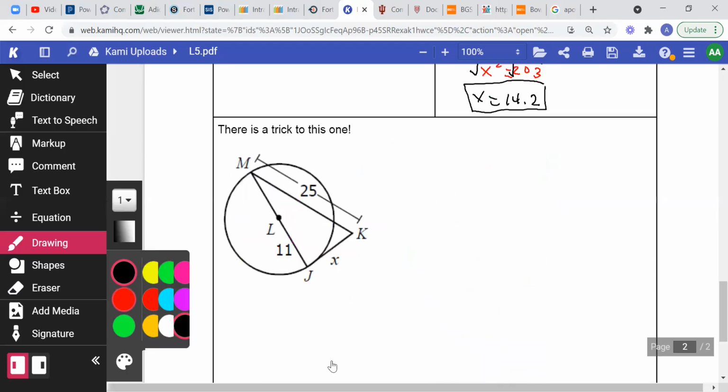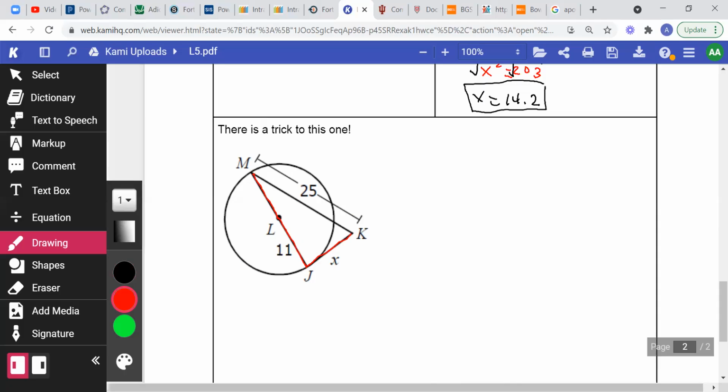what is the tangent line here? The tangent line is JK, okay? And then the radius here is LJ. But what do we observe? The radius is also extended to another radius so that we have JM.